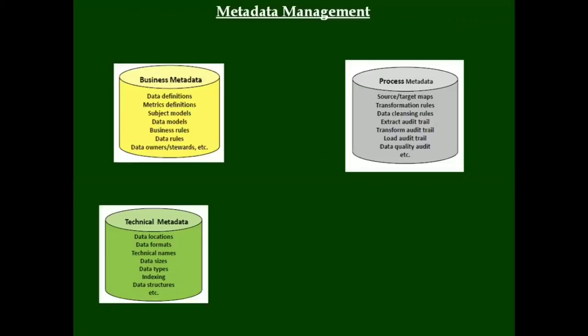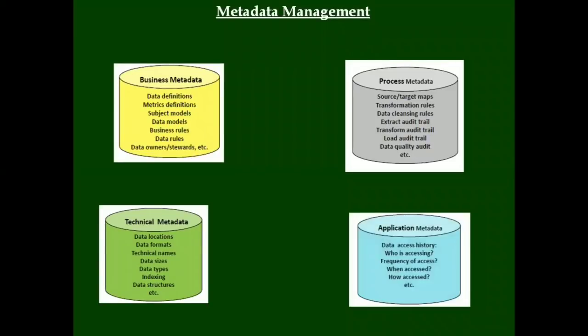I'm taking an example from the C language. We have different data types and different data sizes. Like if we have a char, we cannot store as much data in a char type variable as compared to an integer. So they have data types and fixed data sizes. All the information related to the data stored on the data storage in the business intelligence framework will be stored in the technical metadata. After that, indexing of the tables and data structures, etc.